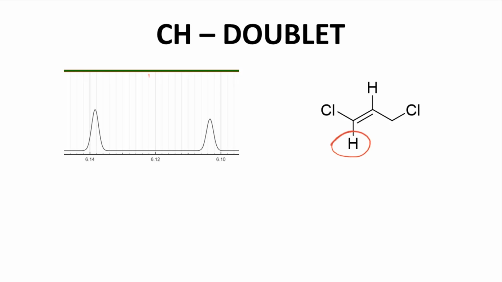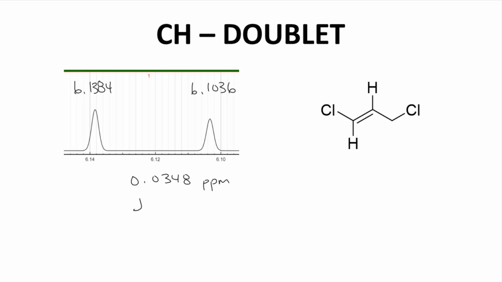Here is the doublet at 6.12 ppm. The left peak is at 6.1384 ppm. The right is 6.1036 ppm. The difference is 0.0348 ppm times 400 million divided by 1 million.